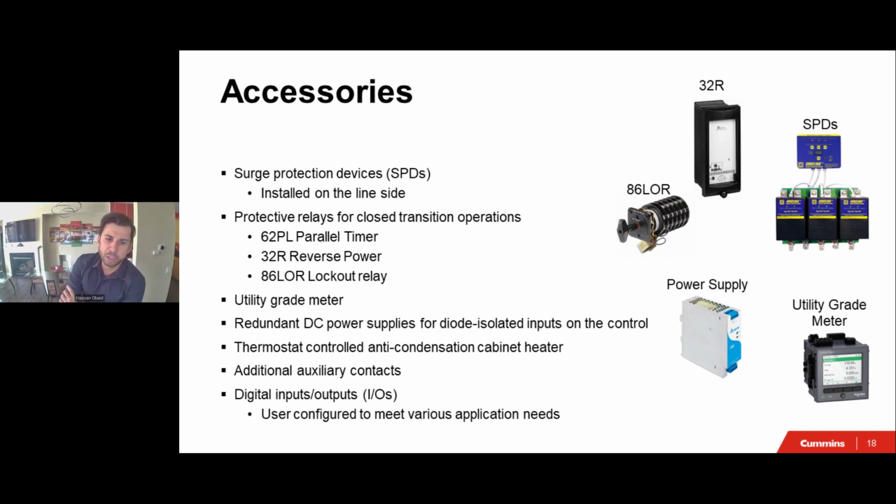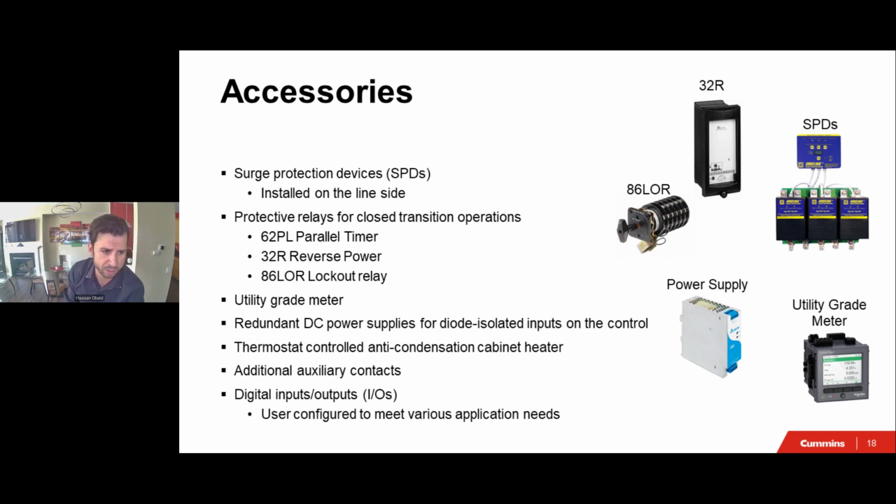You might have a utility grade meter in the transfer switch as an option. Redundant DC power supply. So you might have your own power supply, or use the generator set battery, or you may want to use an independent power supply as well. We talked about a thermostat controlled anti-condensation heater for the cabinet.